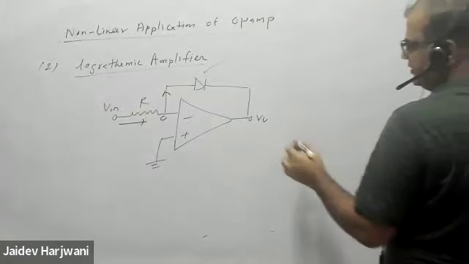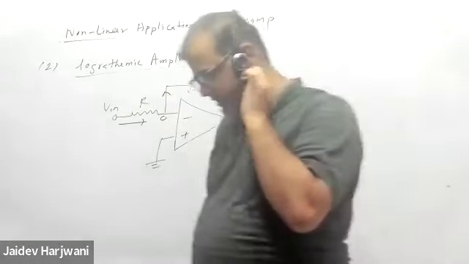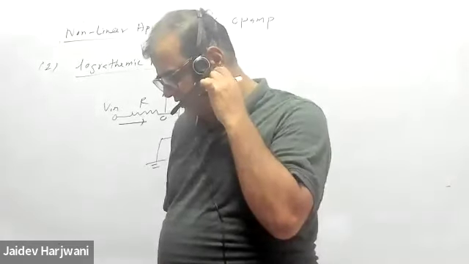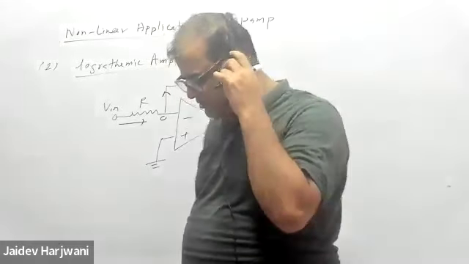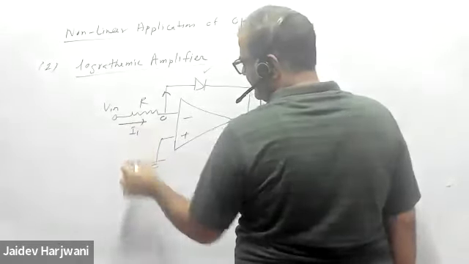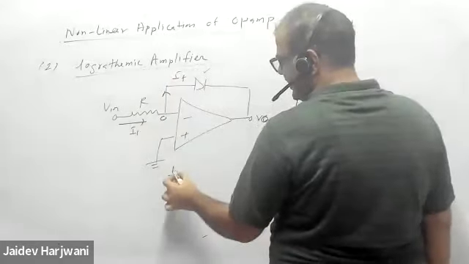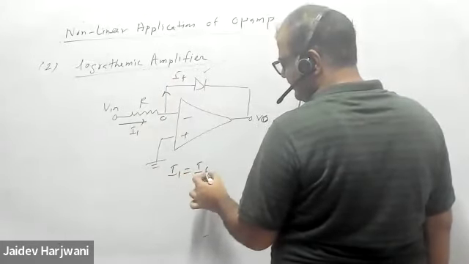So now write the equations, because you know the diode current equation. Okay, what is the value of forward current? So if I say this current is I1, and this is the forward current, I can write I1 is equal to IF.